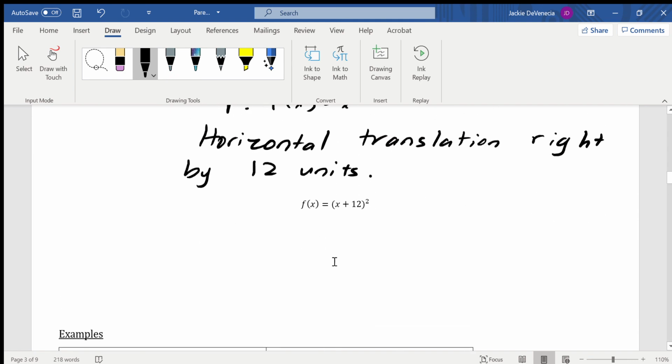And next over here, we have x plus 12 squared, right? So again, that parent function is that quadratic. And since it's plus, it's going to be a translation, and it's in parentheses, so it's still a horizontal translation.